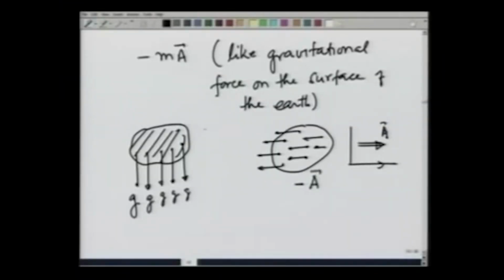Just like the force out here, the net force in this case acts on the center of gravity, which we call the net force mg, and it acts at the center of gravity. In exactly the same manner out here also, since the force is a uniform acceleration for each particle, it will also be acting on the center of gravity towards the minus a direction, and the total force would be minus m a, but it will act at the center of gravity.